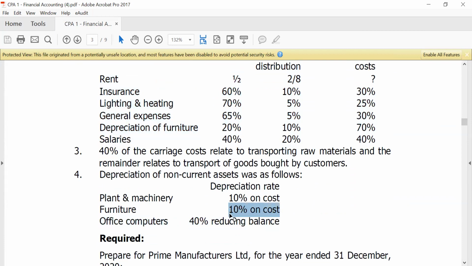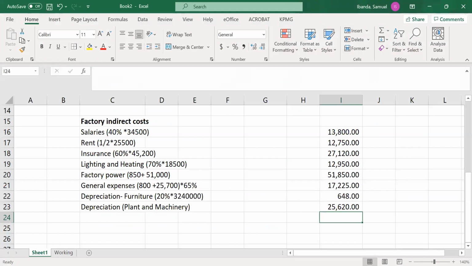Office computers, we shall work it out when we are doing the P&L. So ours is to come here, and if we have accumulated all the costs, ours is to add up so that we can determine our total indirect costs.